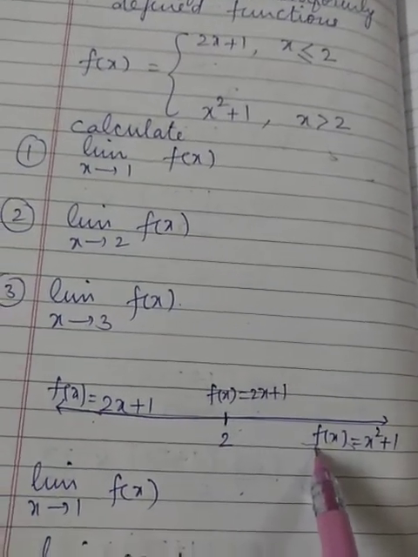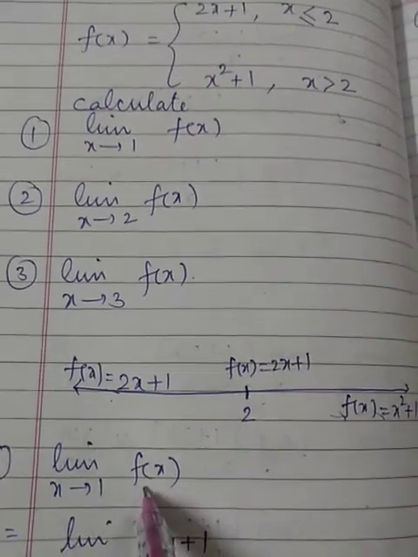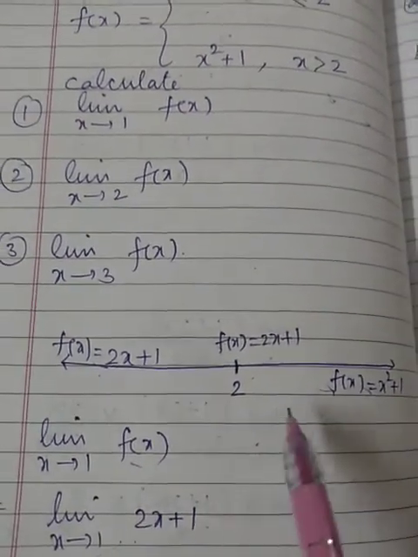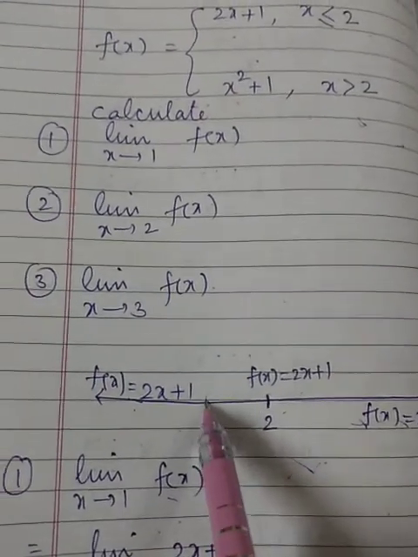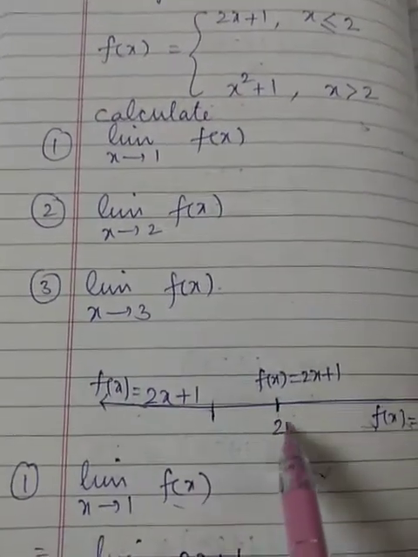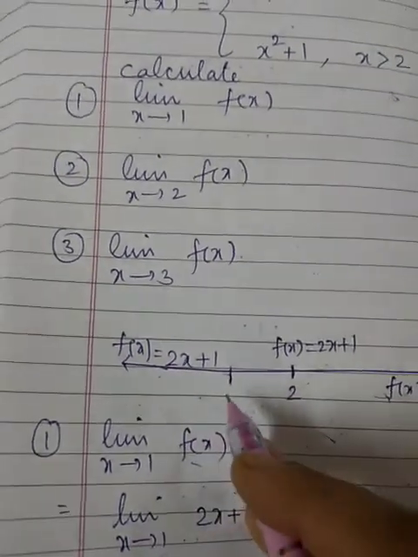So when we calculate the limit x tending to 1, x tending to 1 means this lies somewhere here, before 2. And now 1 is here.